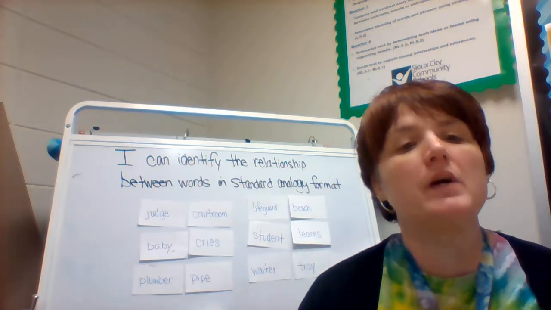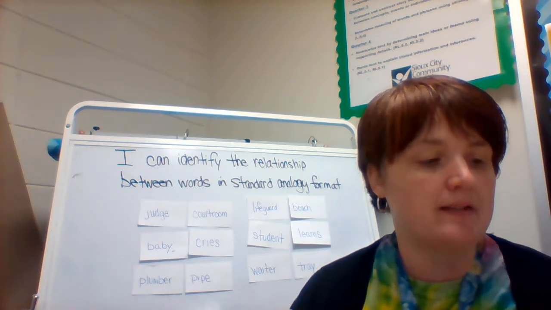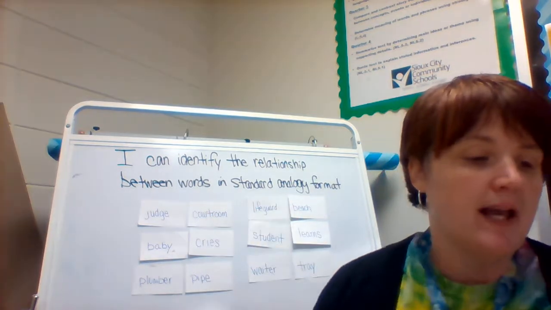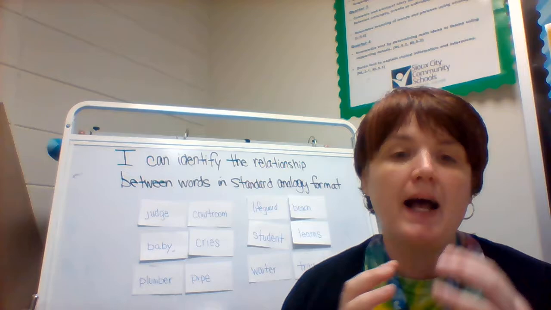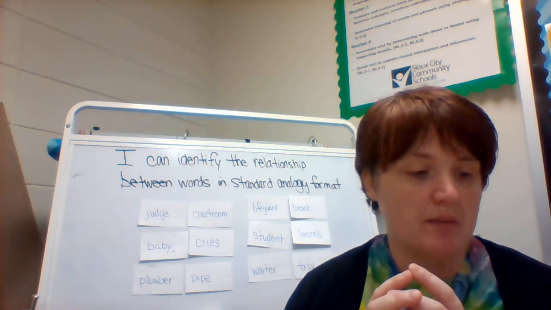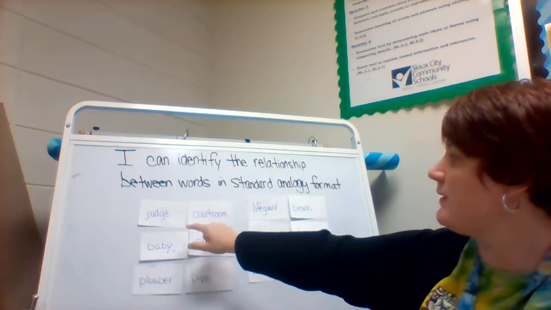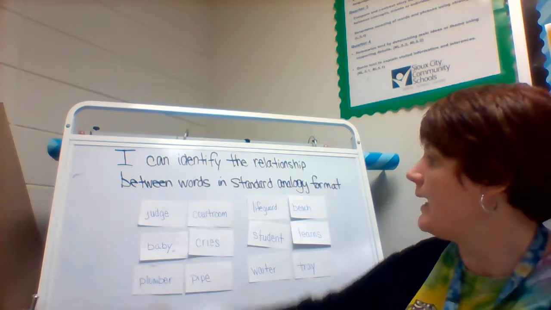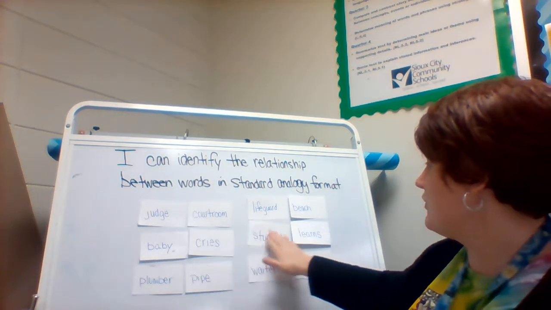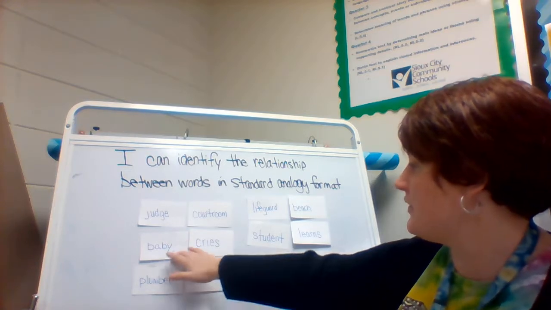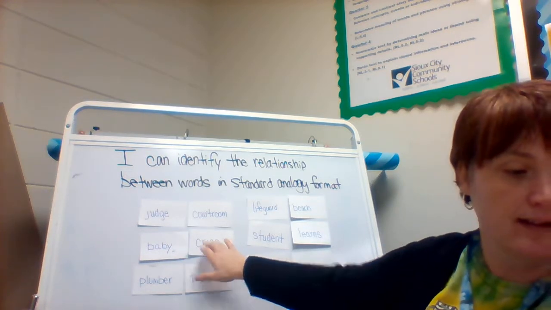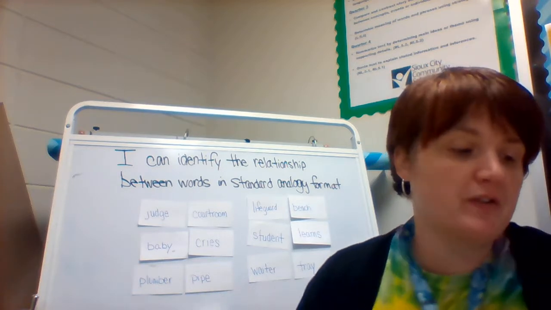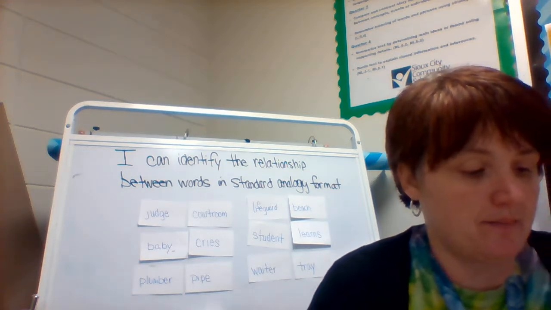So again, as a quick recap, when we do analogies, each pair of words, I have them paired up here still, each pair of words has the same relationship. So in the one we just did, the relationship is person to location. And our baby and cries and our student and learns, it was person to action. And in the last one, plumber to pipe, that one was person to object.